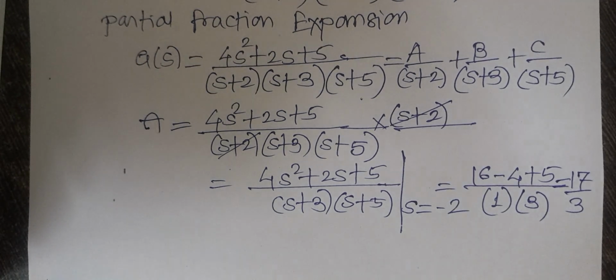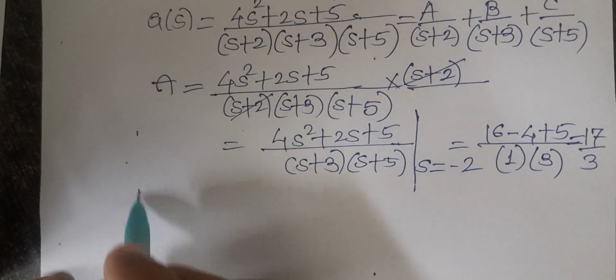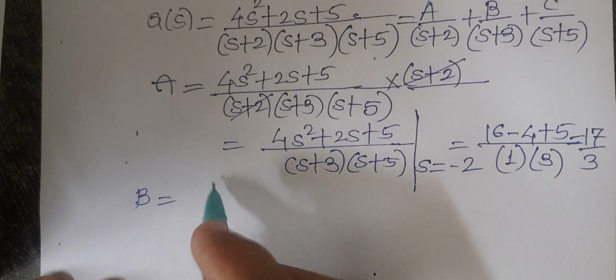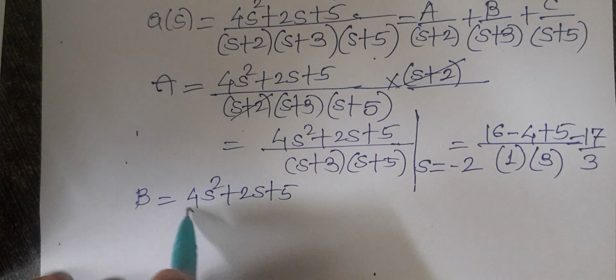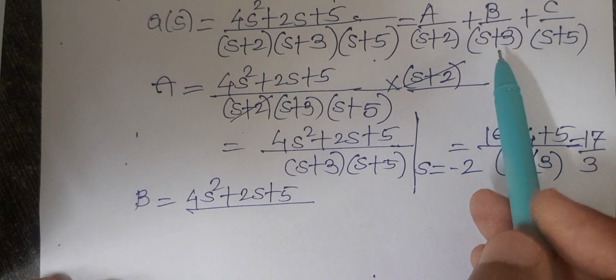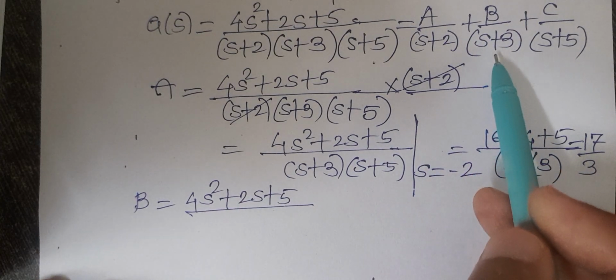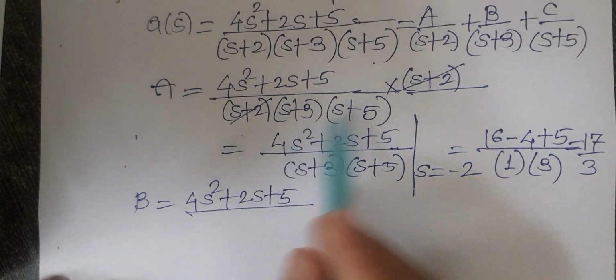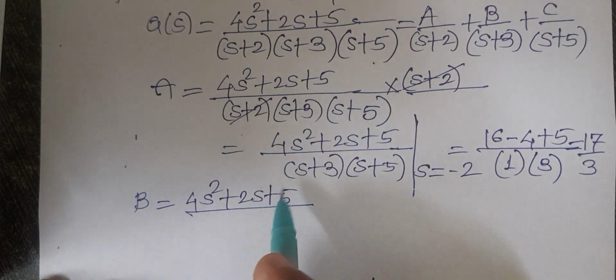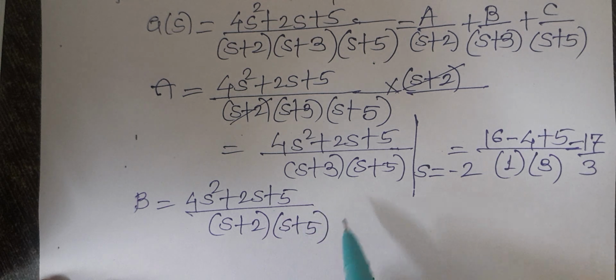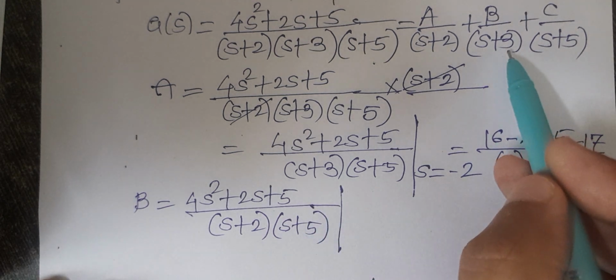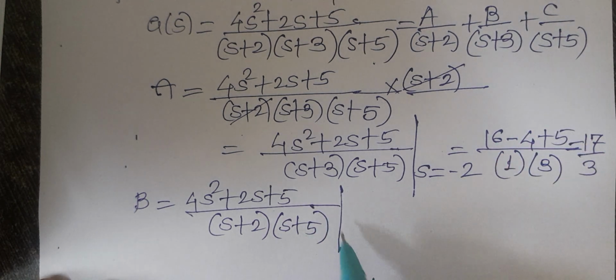Similarly, we can find the values of B and C. B is 4s square plus 2s plus 5, and as the denominator factor is s plus 3, it will be cancelled. What remains is s plus 2, s plus 5, and we put s is equal to minus 3.